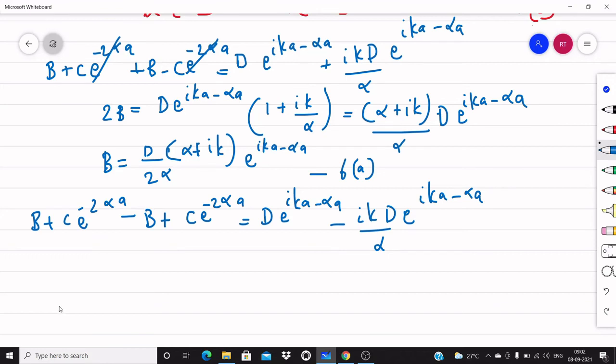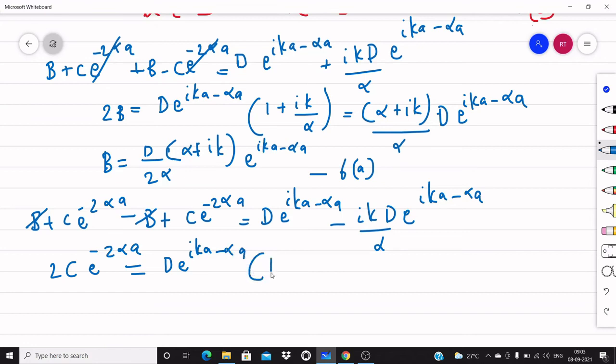Okay, so what happens to these two terms? b and minus b cancel. So you have 2 times c e raised to minus 2 alpha a, and the right hand side becomes, again you can take d e raised to ika minus alpha a outside.